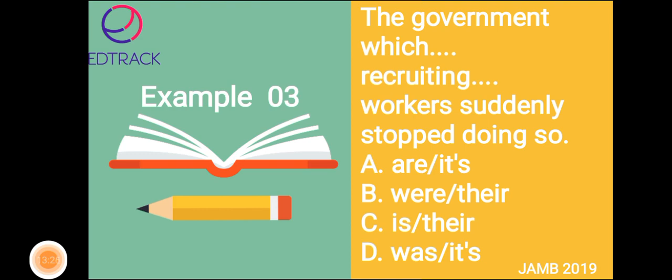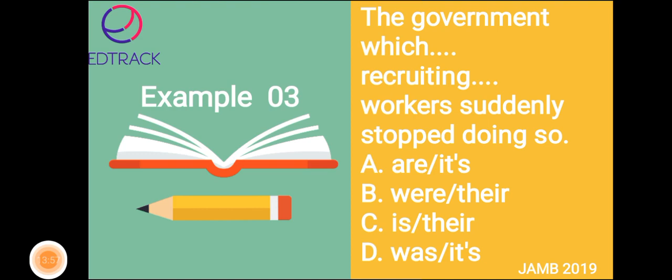So now we're going to say the government which is, or which were, or which what? Do not forget I said it is singular. So what is going to be our answer? All right.